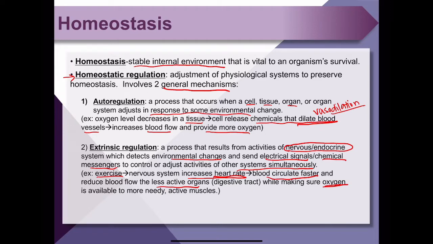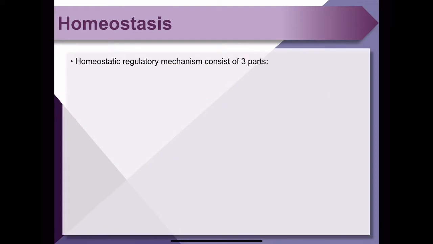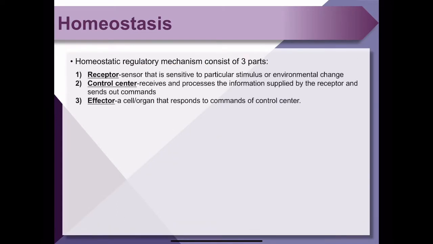All right, so every organ system we will talk about in AMP2 has both autoregulation and extrinsic regulation. Hence, this is why we introduced these two concepts in this first chapter. Each homeostatic regulatory mechanism consists of three things: receptor, control center, and effector.